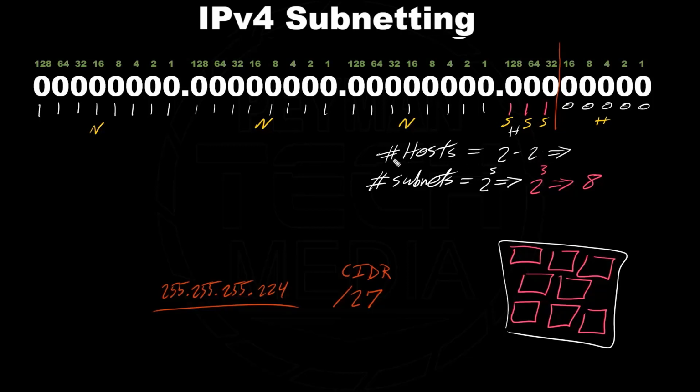Here we have 1, 2, 3, 4, 5. So 2 to the power of 5 minus 2, which is 2, 4, 8, 16, 32. 32 minus 2, so that's 30. So we have 30 available IP addresses per subnet. Let's write 30 here.